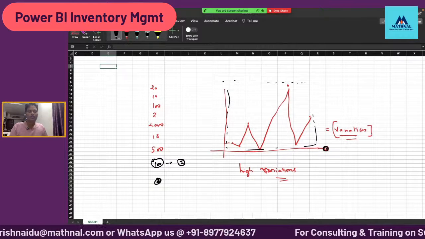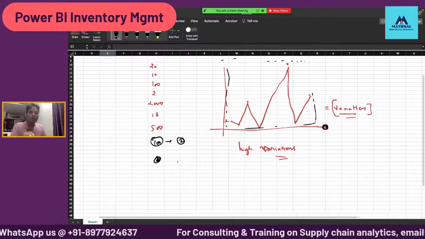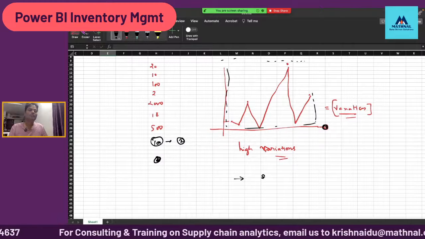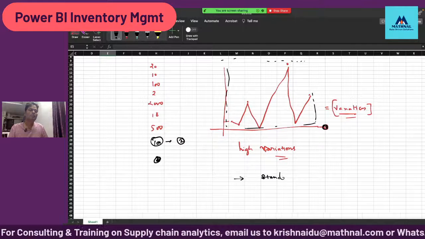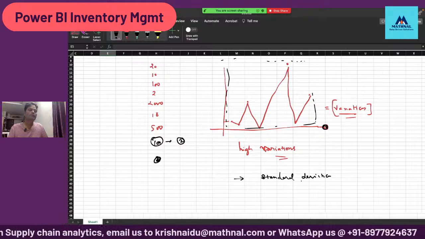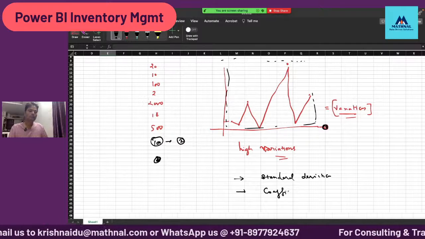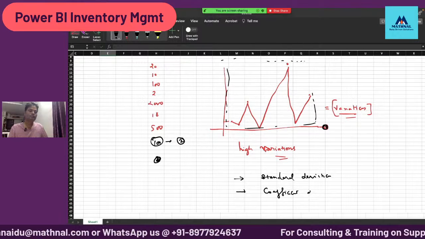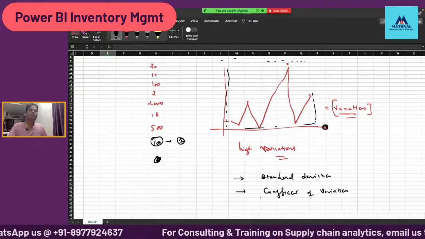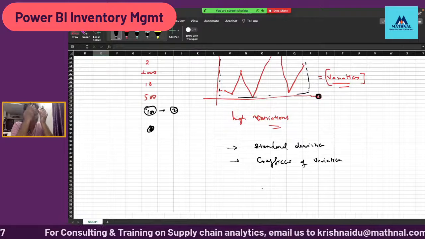To measure how much variation we have, there are three metrics. One is standard deviation. Second is coefficient of variation. Why are we measuring this? When we try to measure the variation, these are the methods we will use.